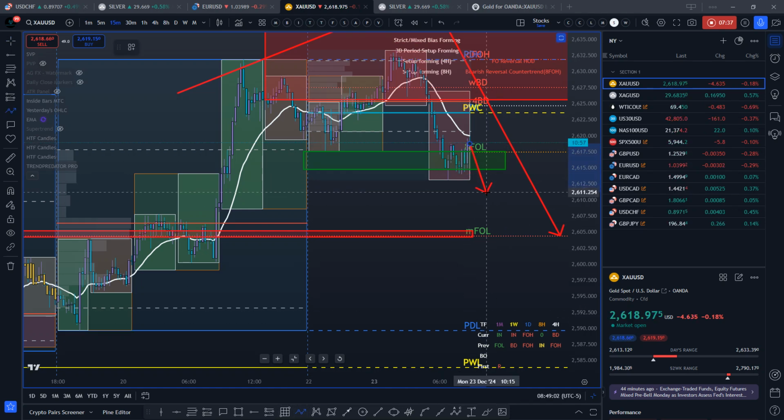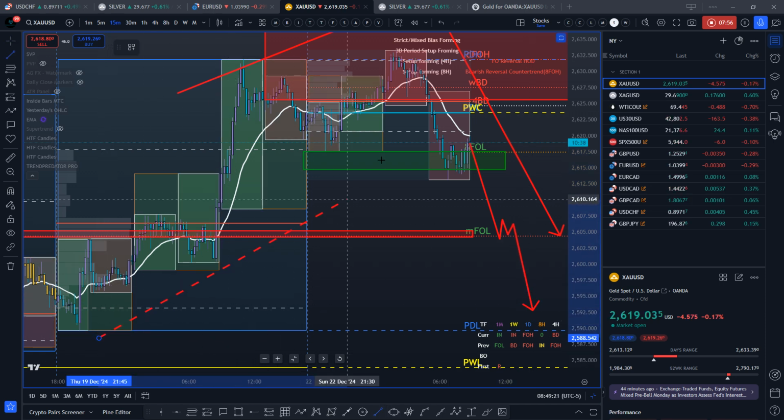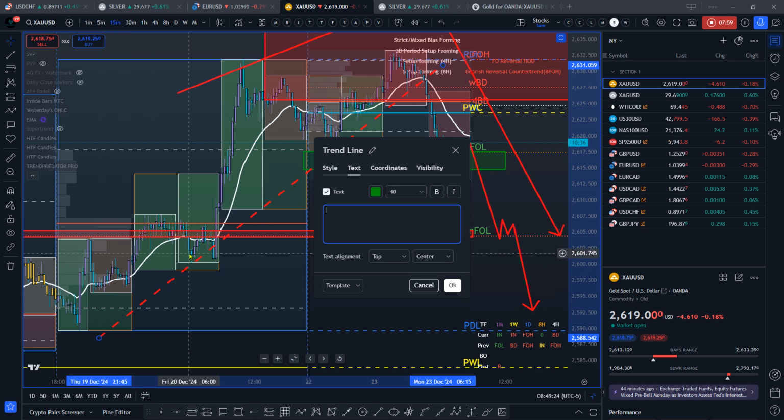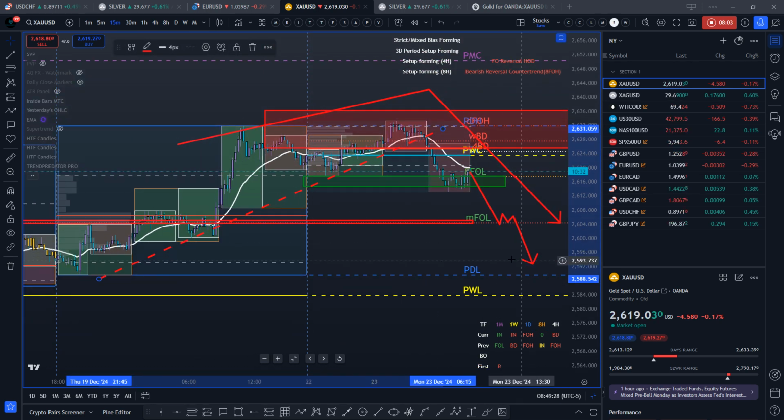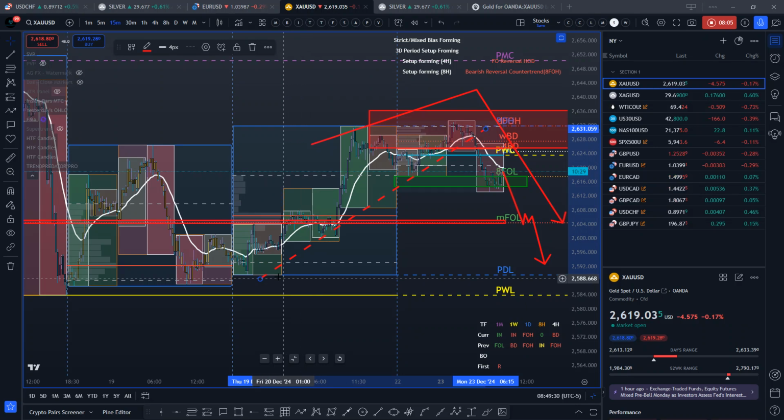So if we break below those Asian lows into the value area, we've got the point of control and the October lows as a first target, but we'd expect it to travel to the other side of the value area, putting in a long squeeze into all of those traders that were long from Friday to take their money, and down into perhaps the previous day low or even the previous week's low.